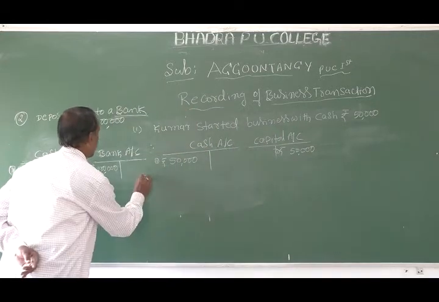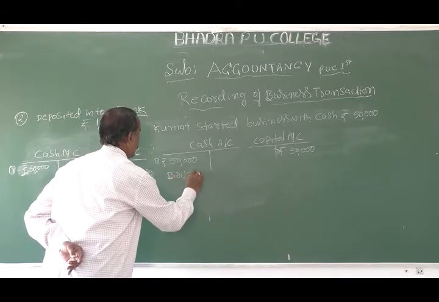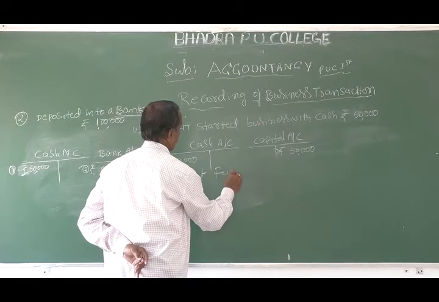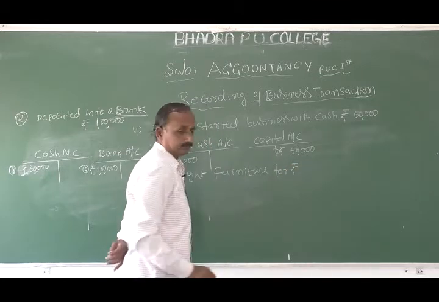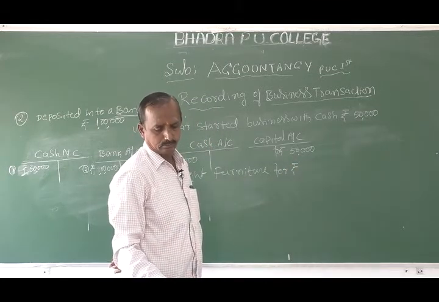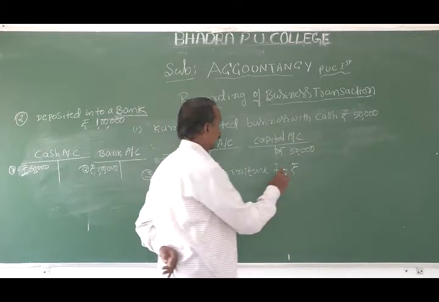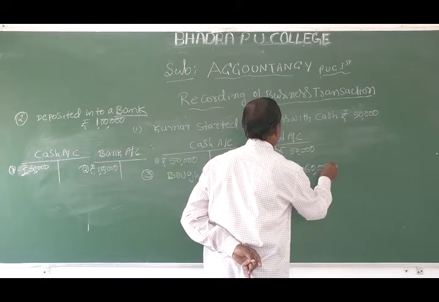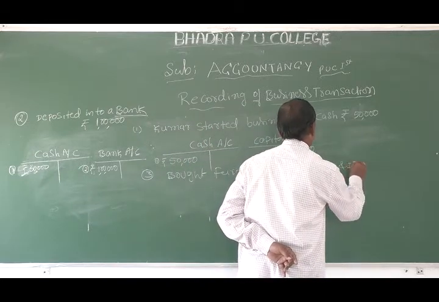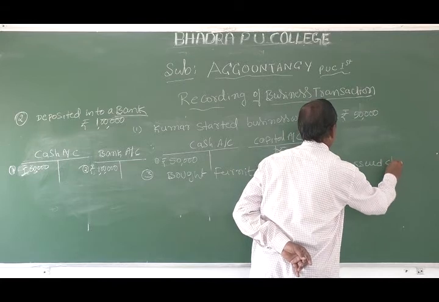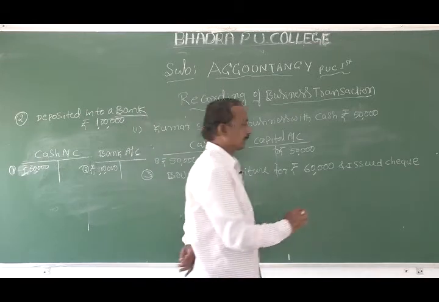Third entry: bought furniture for rupees 60,000, issued a check for the same.